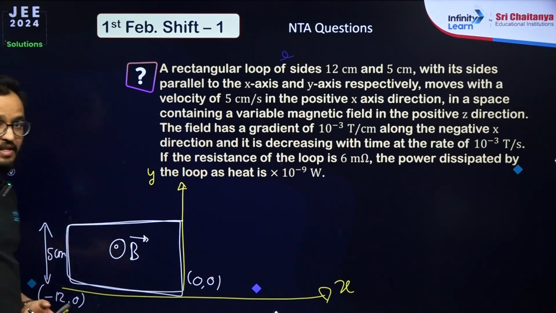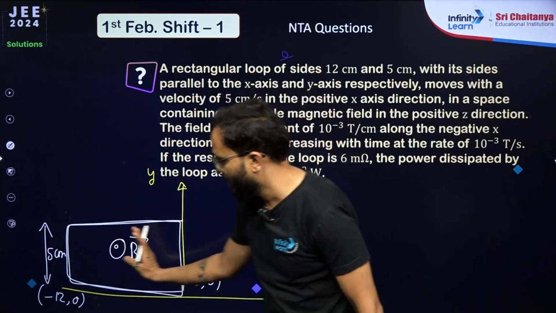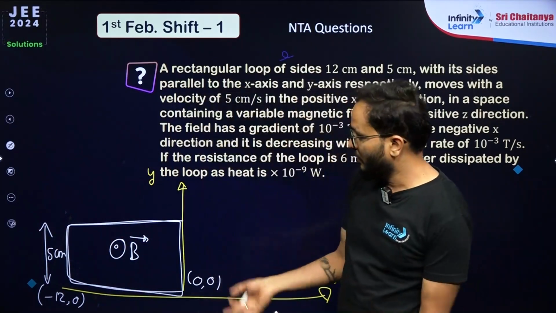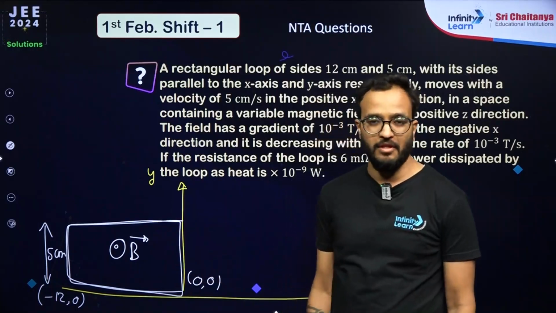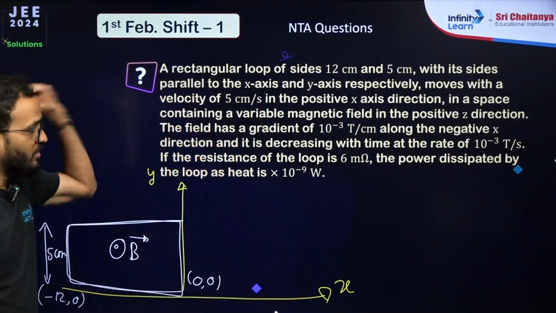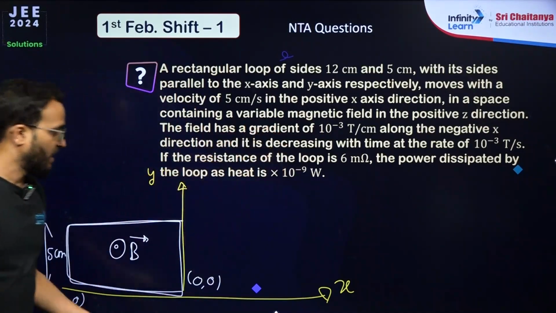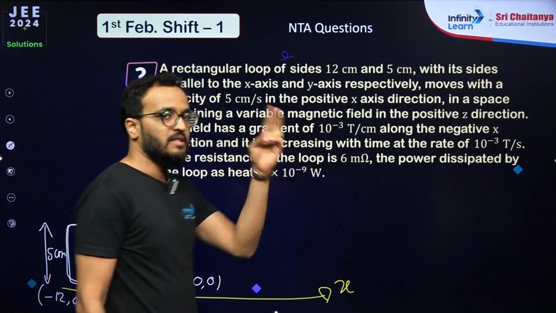So this magnetic field is changing with distance, like a gradient. In this direction it is changing, and it is also changing with time. This is a very good question in this paper. Overall in this paper only this question is lovely. So the magnetic field is changing with space as well as with time.